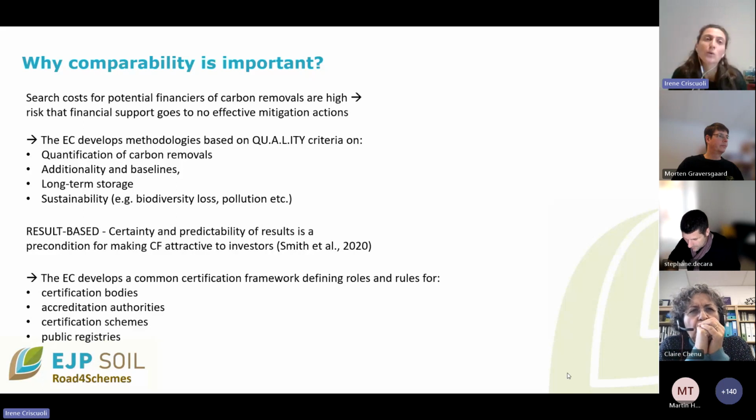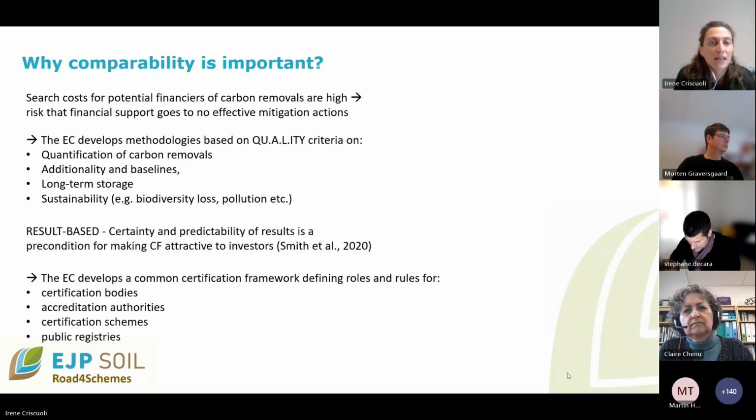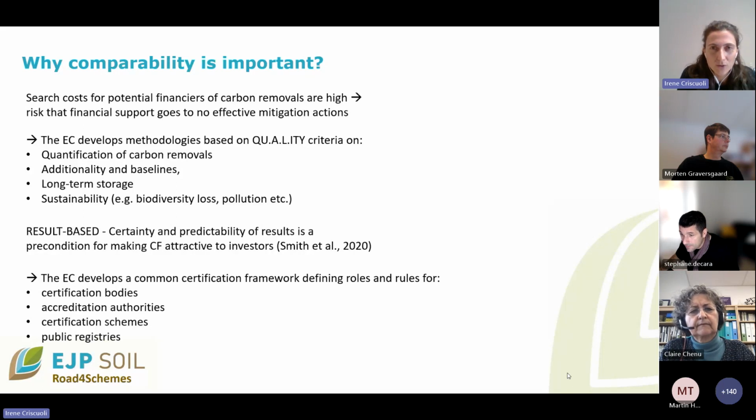For this reason, the European Commission aims at developing one single methodology at the European level, which is based on quality criteria, with the final aim of achieving a result-based carbon farming scheme in Europe, and also one single certification framework. For example, with one public registry at the European level.